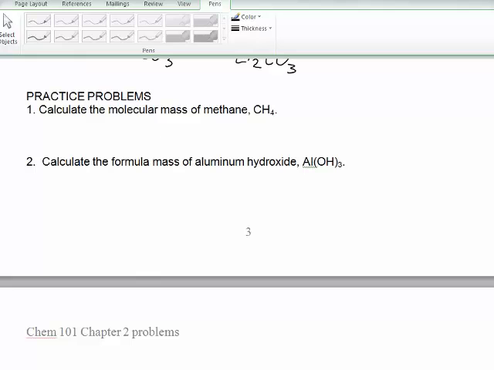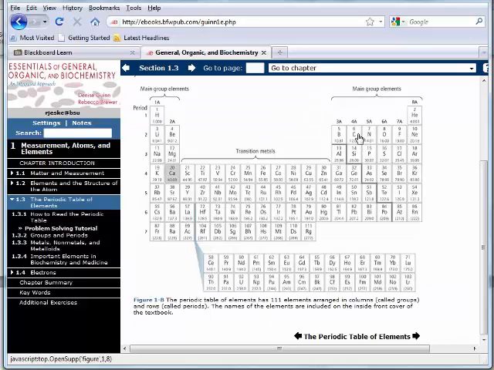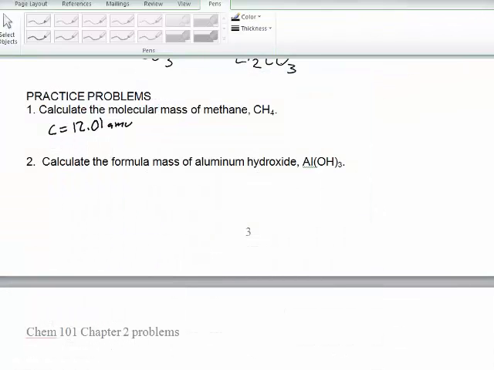So for methane, C equals 12.01 AMU, and we'll see that right here. C, 12.01. We'll use the formula mass for hydrogen. Oh, that should be an H. H equals 1.008 AMU.